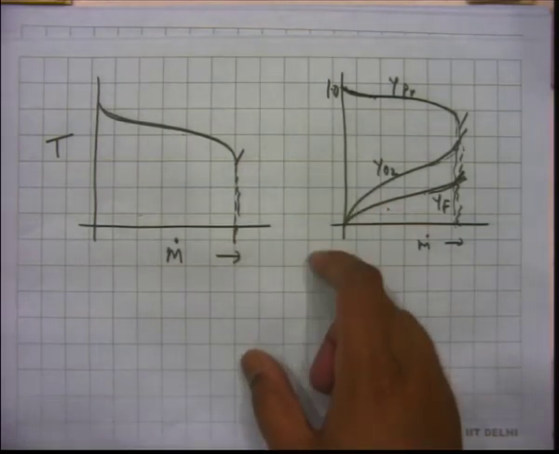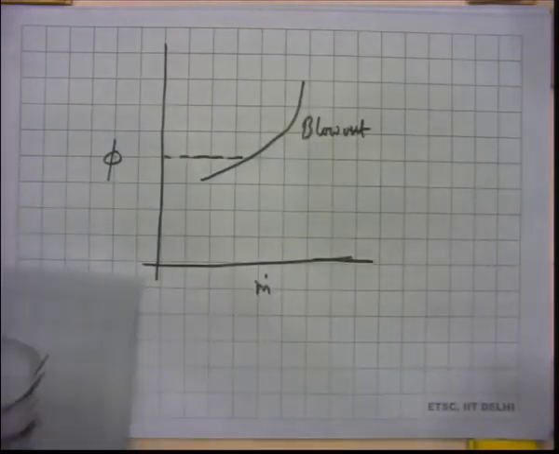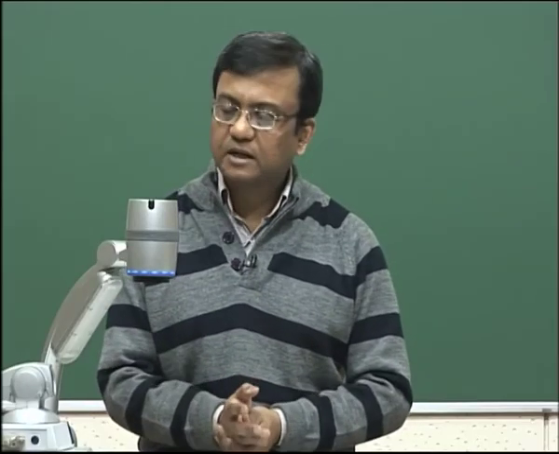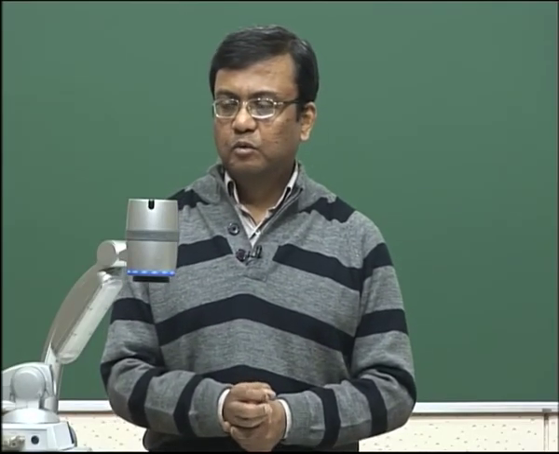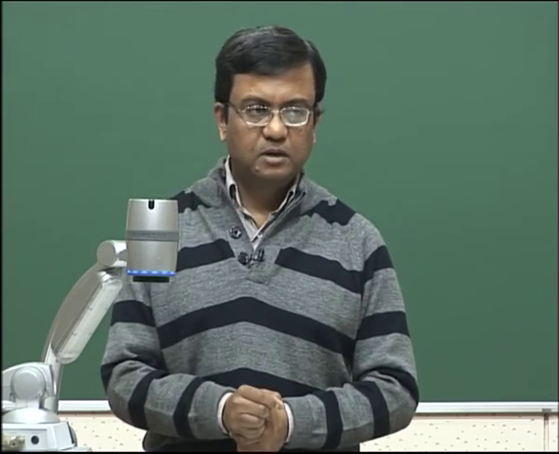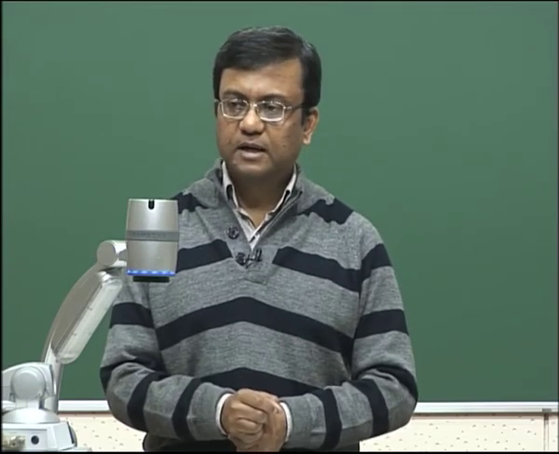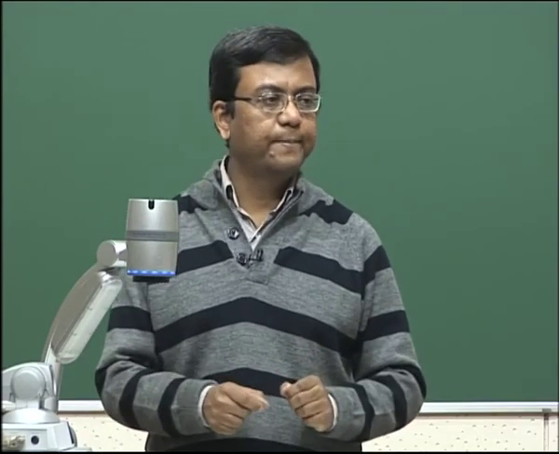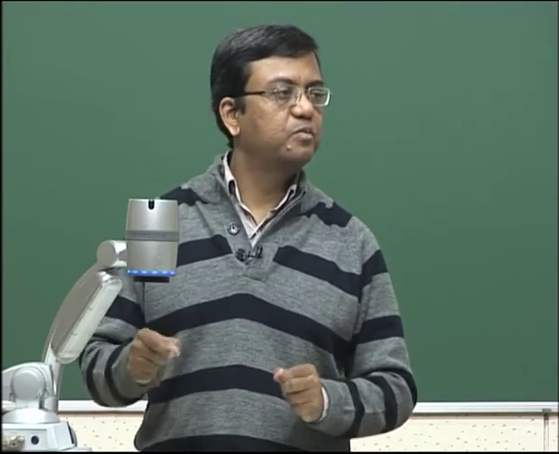So, let us think about some other experiment where we change the equivalence ratio, and let us say equivalence ratio of 1. At that equivalence ratio, we start with a small value of m dot, keep increasing the value of m dot, and at some m dot blowout happens. So, we note that value, that for phi equal to 1, this is the m dot for which blowout happened.